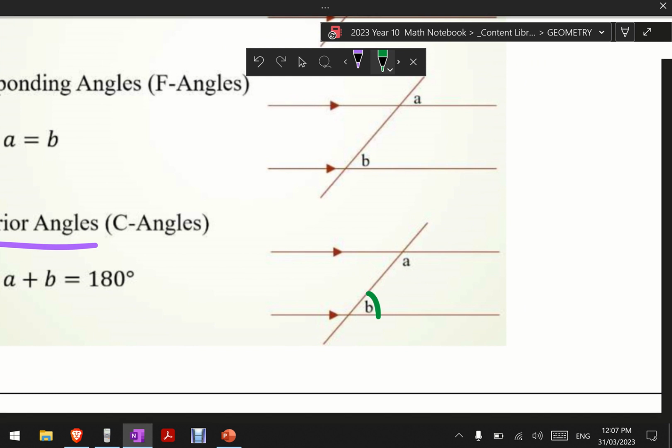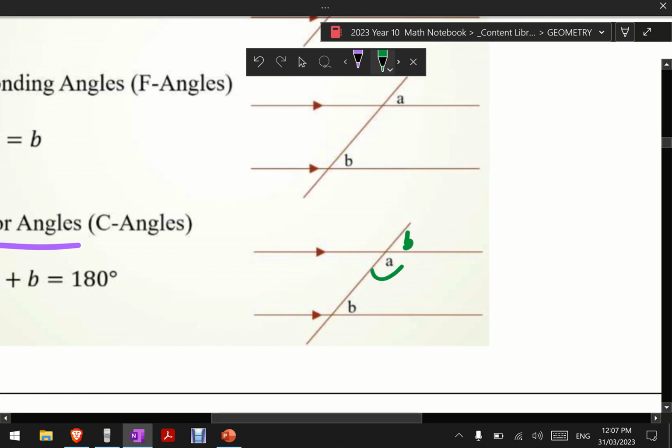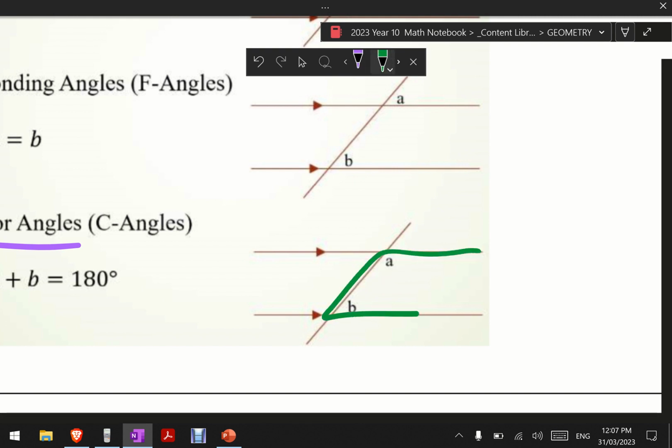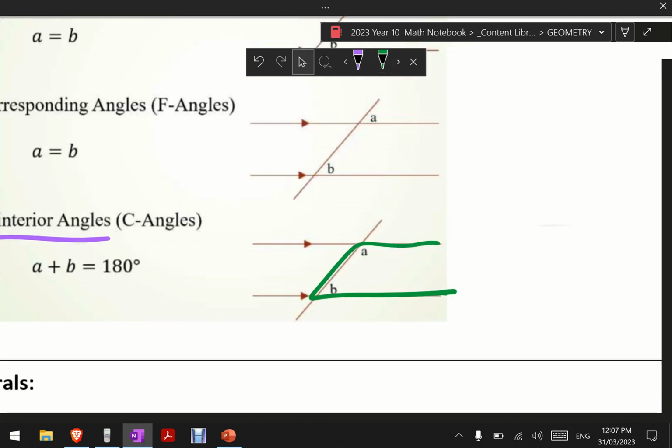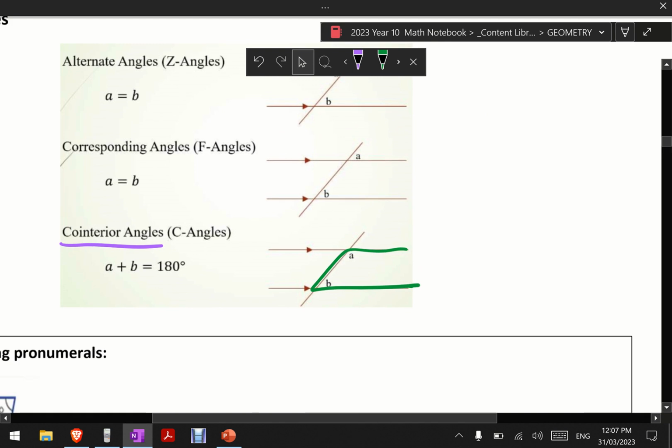Where's the alternate for that one? It's the other side of A, which is here, which means that if you add these two together, they should equal 180. So if that's A there and that's B there, they should also equal 180, because it's exactly the same as that angle there. So A and B are co-interior and they equal 180.